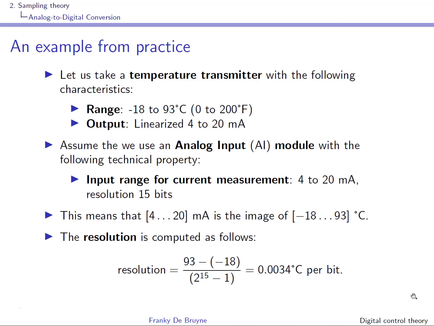So we are now in a position to compute the resolution, or quantum, or least significant bit. And what we do is take the measurement range, 93 plus 18, divided by the number of quantization steps, 2^15 − 1, and this leads to a resolution of 0.0034 degrees Celsius per bit.